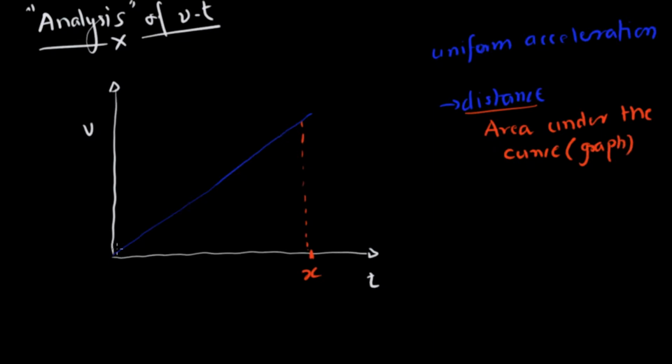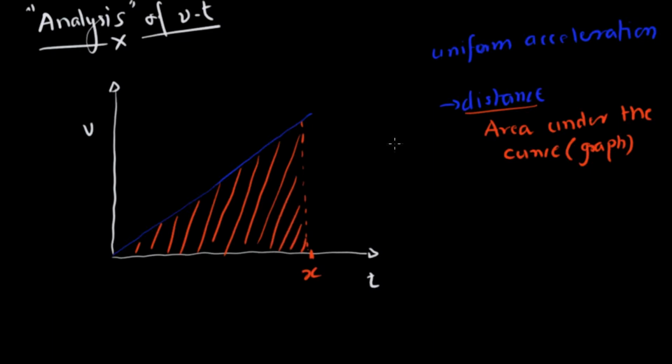If this is my graph and that's my limit, I need to figure out the distance traveled under this particular time. I will be interested in calculating the area of this triangle. Once I calculate this, that will give me the distance traveled by the body. That's one thing that we can calculate from the VD graph.